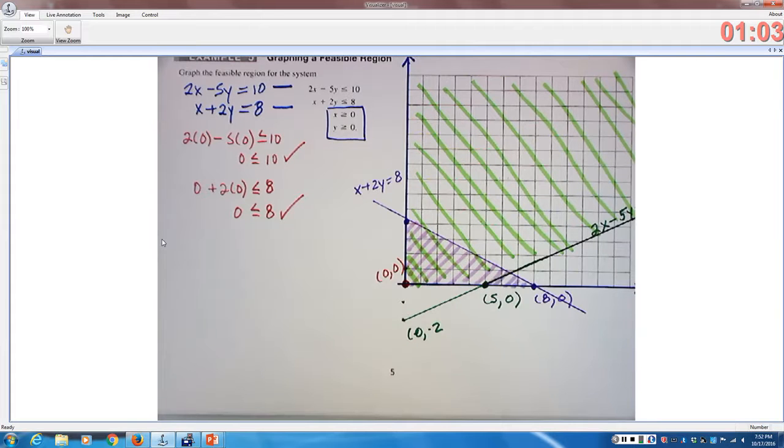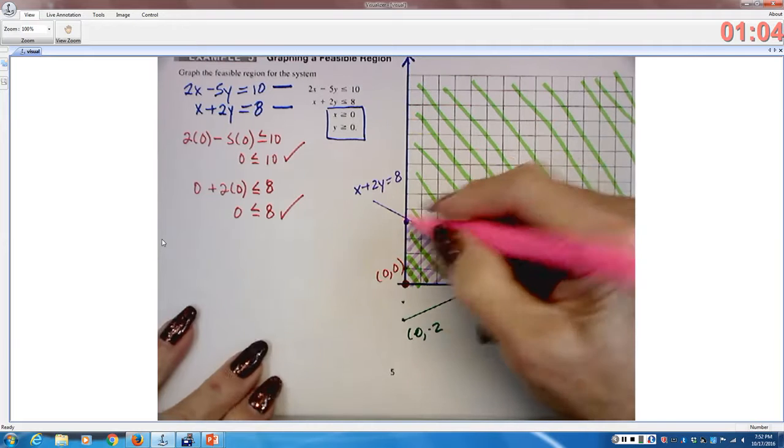So it turns out that my feasible region is only this part right here.